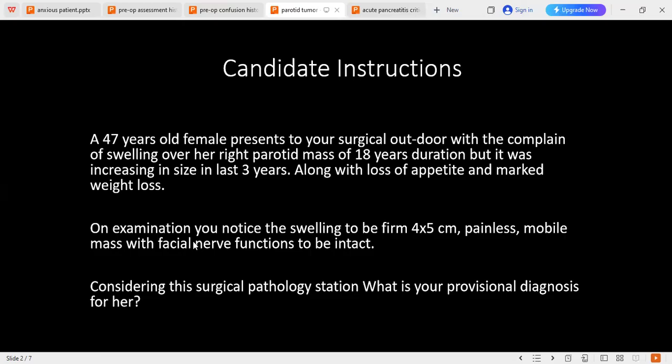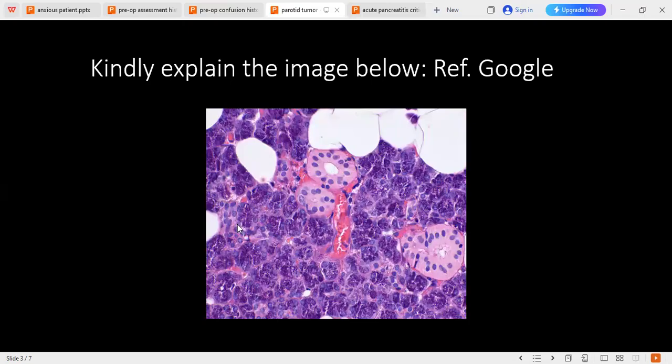Now we'll move on. Please help me read this. One portion is actually a chondroid matrix.